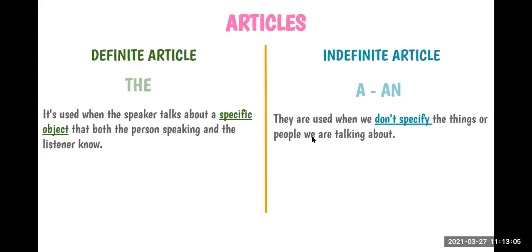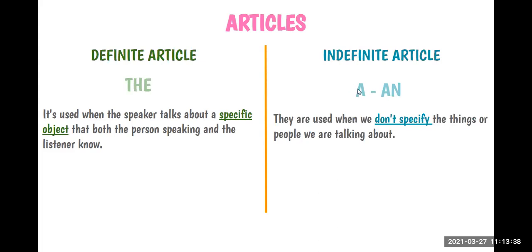They are used when we don't specify the things or people we are talking about. For example, I took a class last week. I don't specify what class I'm talking about. Could be a math class, a language class, a physics class, any kind of class. So we don't specify.